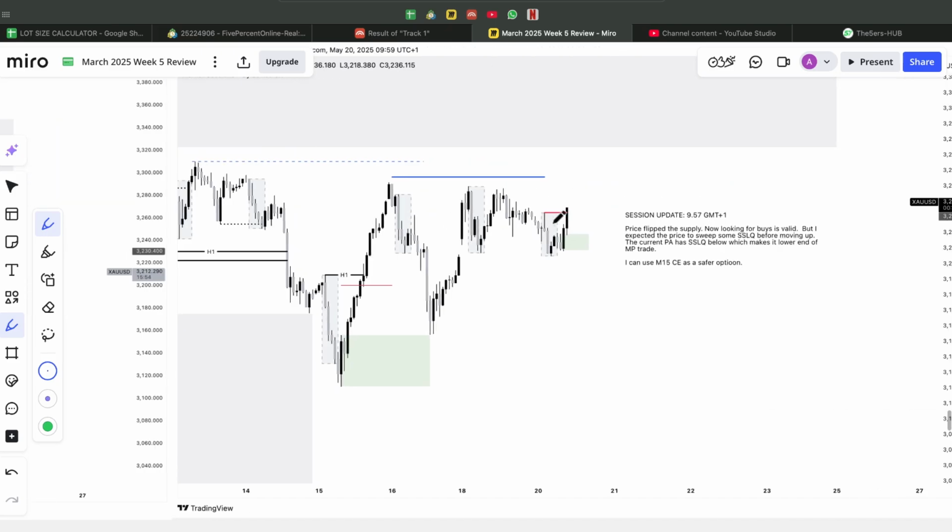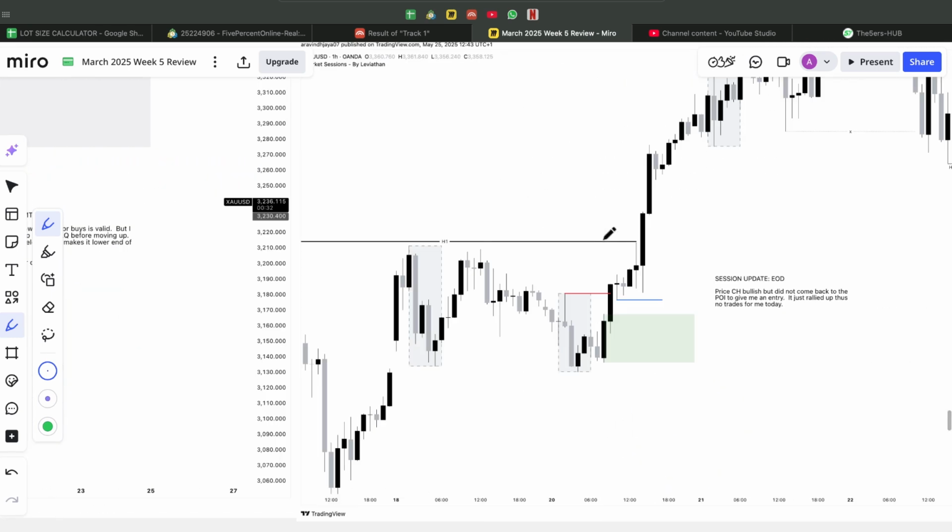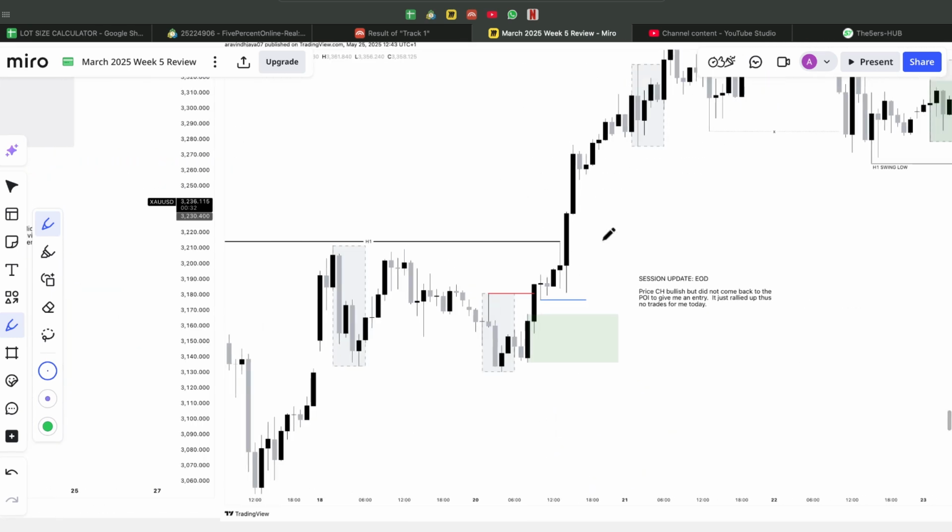As expected, price flipped this demand zone. So this would be the valid demand, and this is the most refined one, what I just drew here. But unfortunately, price did not mitigate this flip zone. Once it flipped the supply, there was some mid sell side liquidity here.